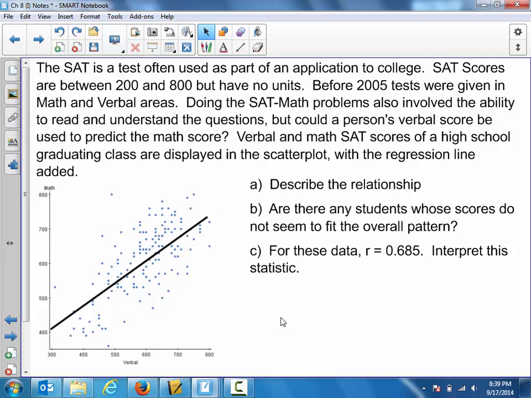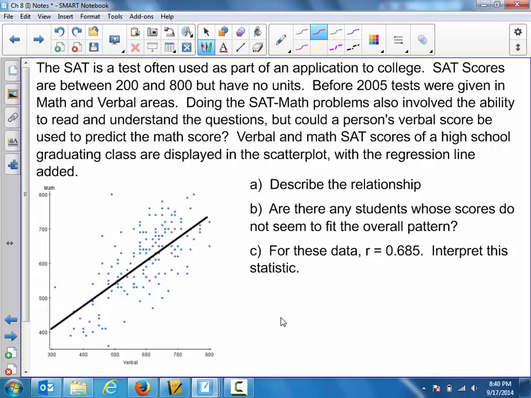I mean, the math scores are increasing as the verbal scores increase. And we're not seeing any curvature in that form. So I would say it's approximately linear. And then the direction, obviously positive, because as I just said, as verbal increases, so too does the math. So your slope, well, not your slope, but the direction is positive.